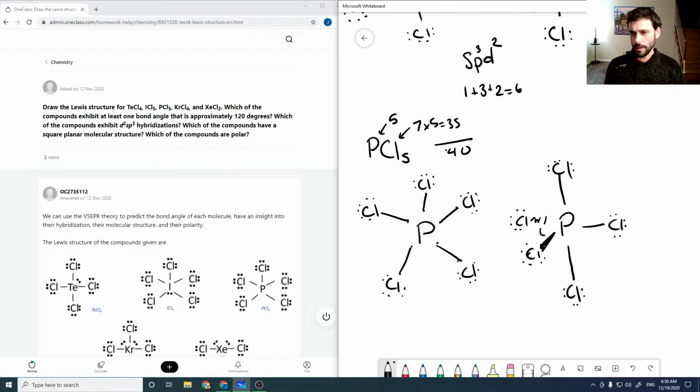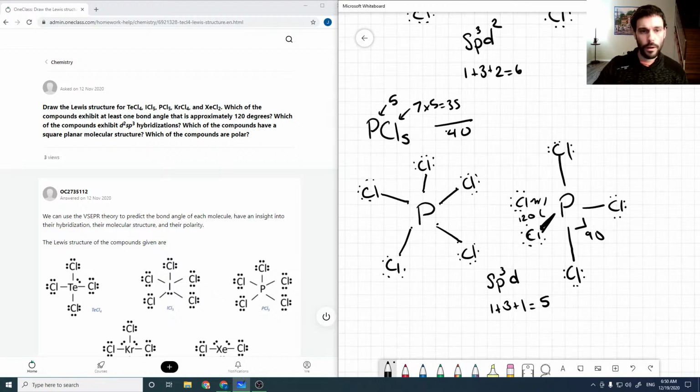So these angles are going to be 120, and these angles are going to be 90, because it's perfectly symmetric. And then for our hybridization, we need 1 plus 3, as that only goes up to 3, so we need 5 total. So 3 plus 1 is 4, plus 1 is 5, so sp3d.